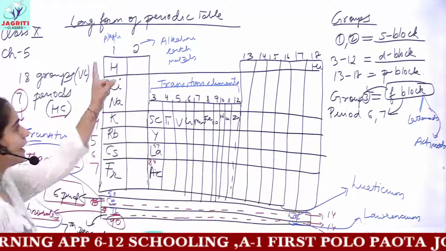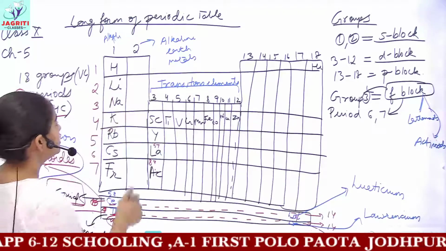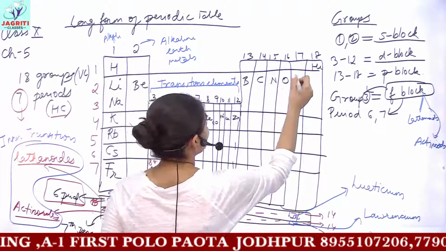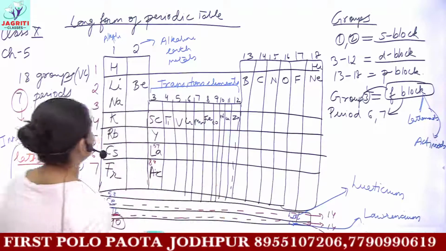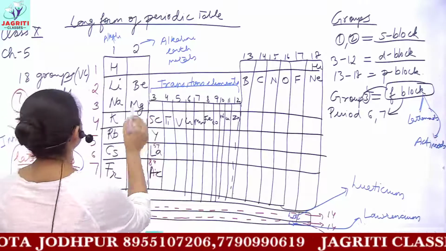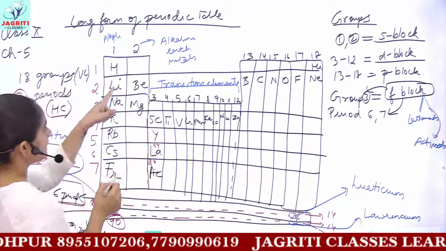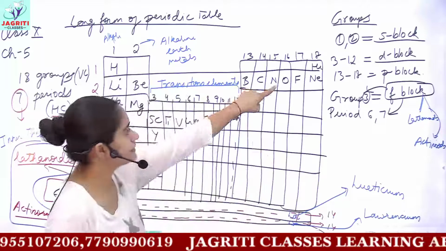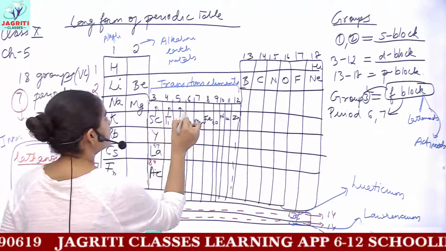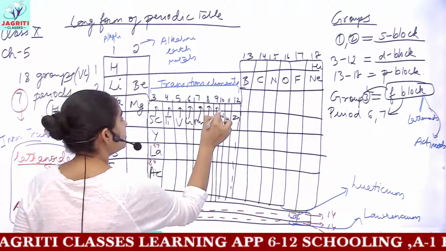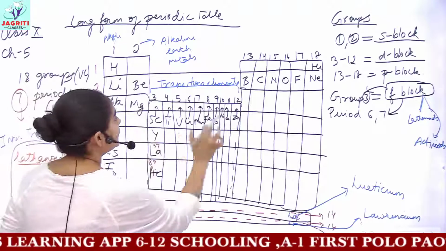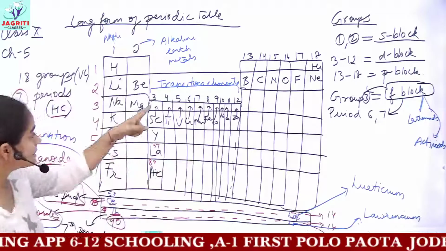Then hydrogen, helium, then comes lithium, beryllium, boron, carbon, nitrogen, oxygen, fluorine, neon. Then comes sodium, magnesium, this we have made. This is your first period, this is your second period. Now you have your third period, and these all will come in this third series. I have written them below, now I am not writing them again. This is the 3D series, which should be written above. By mistake I have written it down.